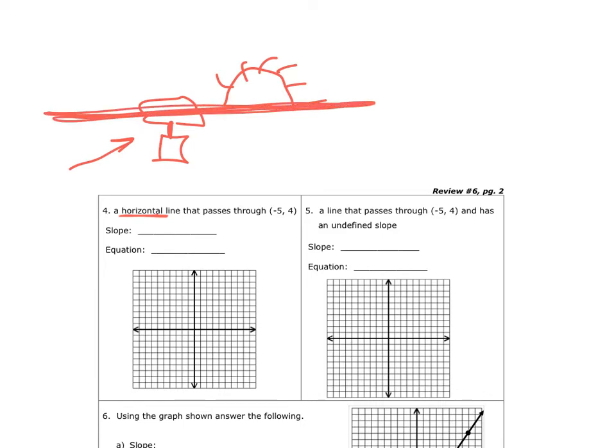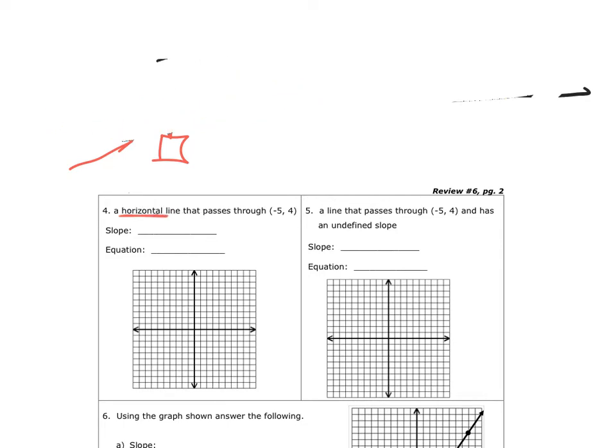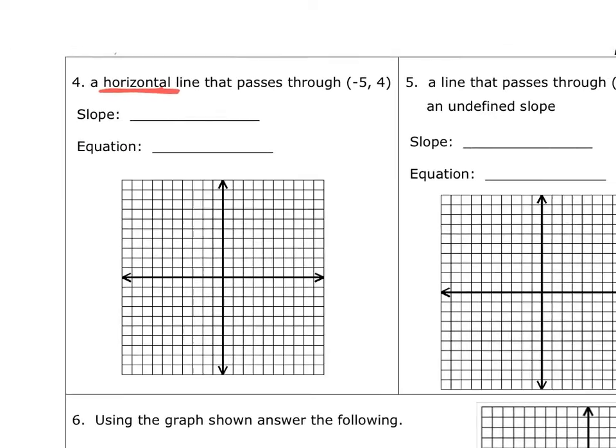This line right here is the horizon. It's horizontal. It lays down. Notice the Z that's in horizontal. It lays down. So that's a way to remember it for those of you that can't remember which direction a horizontal line goes. All right, but let me get back to this problem.